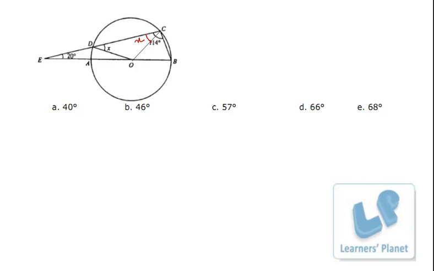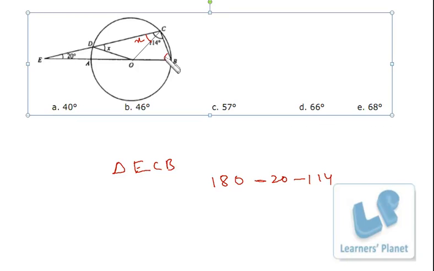Next, in triangle ECB, this is 20 degrees and this is 114 degrees. So this must be 180 minus 20 minus 114, so it is 46 degrees.